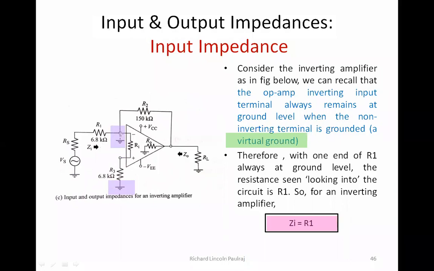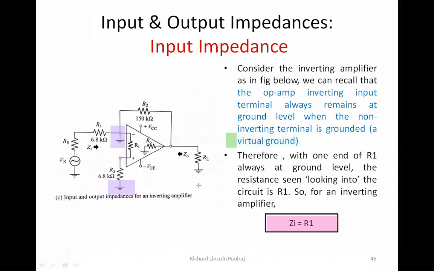See, you can see a dotted line here. The dotted line is saying that it is not actually connected to ground, but it is as good as being connected to ground because of the virtual ground concept. Students, I think you are able to understand what I am trying to say, right?